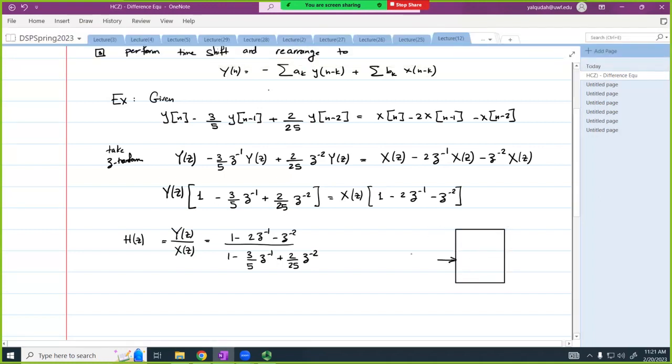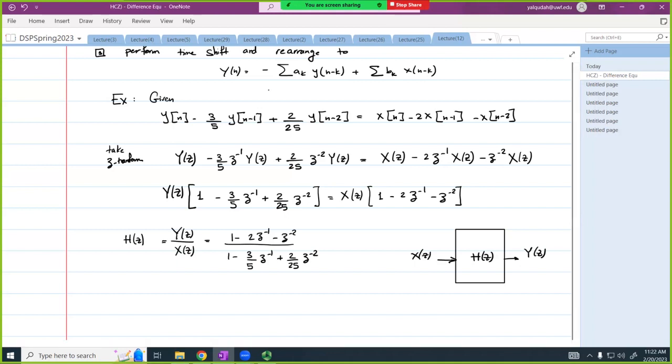I have input x of z, output y of z, and a transfer function h of z. Together? Y of z equals h of z multiplied by x of z. If x of z is 0, y of z is 0. If there is no input here, there is no output here.